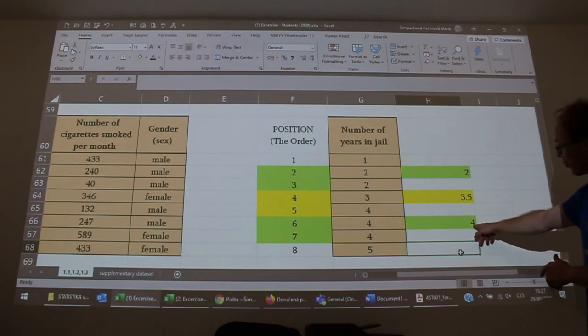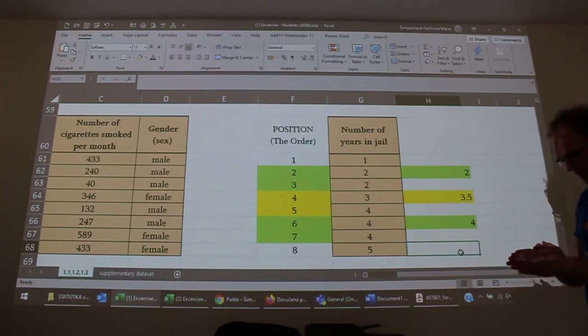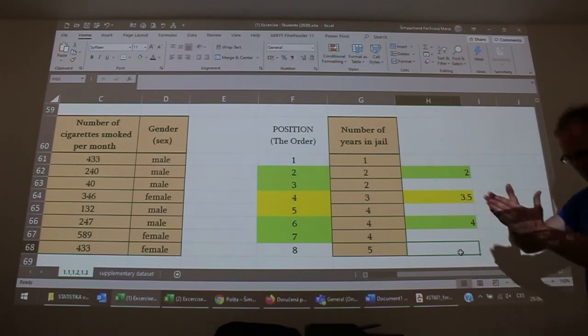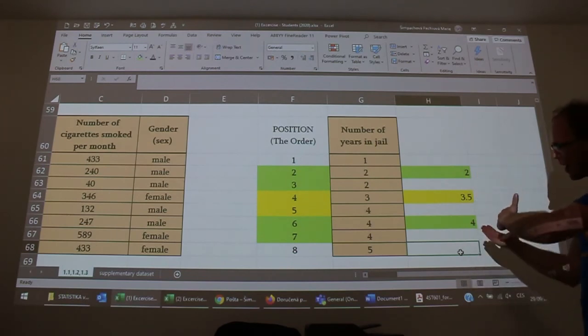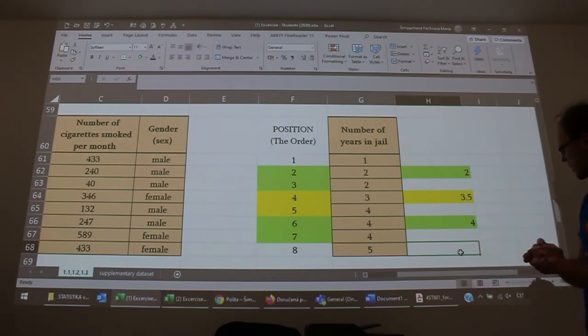Third quartile, 4 years, yes. 75% of prisoners spent in jail less than 4 years, and 25% of prisoners spent in jail more than 4 years.